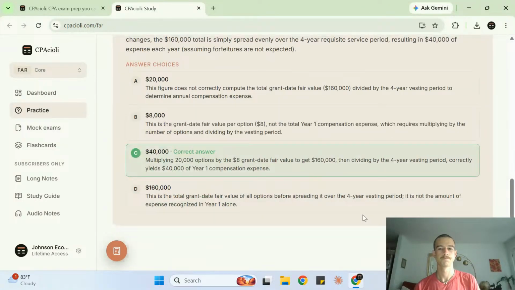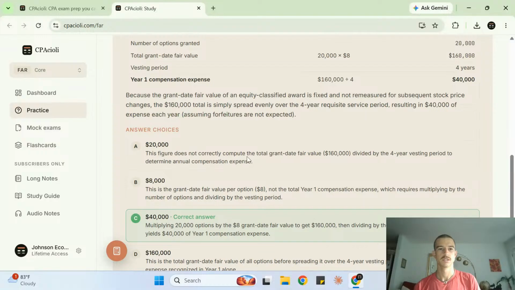Cool. It's spread evenly over the 4-year requisite service period.